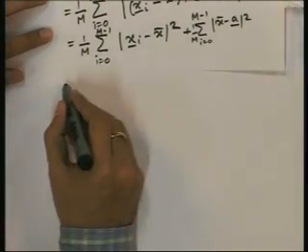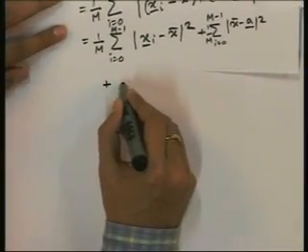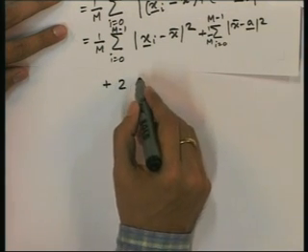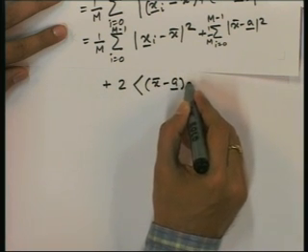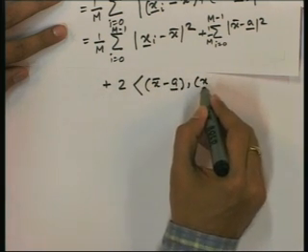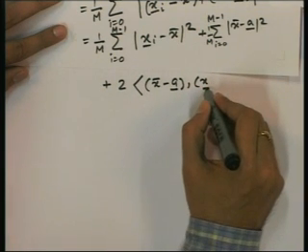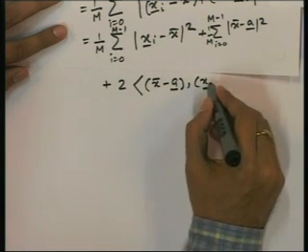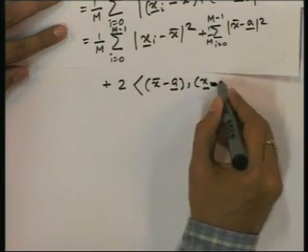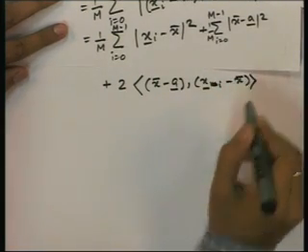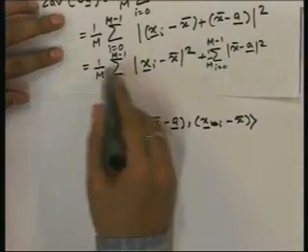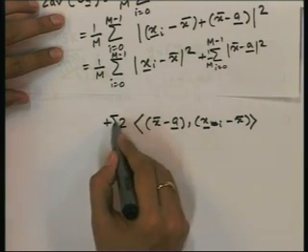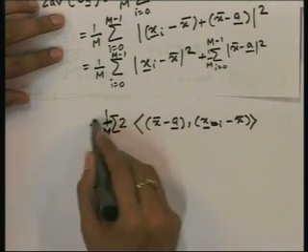So we will have plus 2 times the inner product of x i minus x bar with x bar minus a. This summation over i will come here also, with the 1 by m.